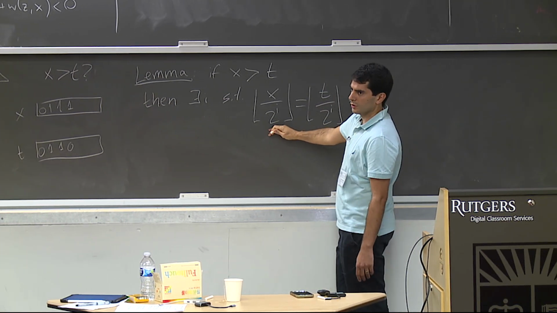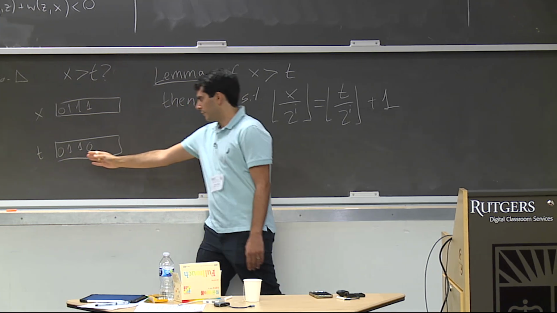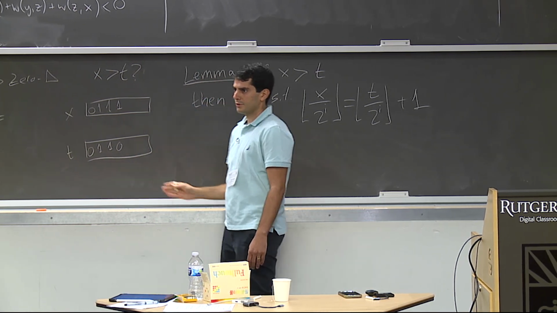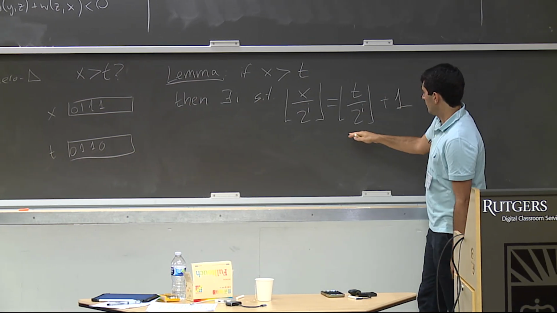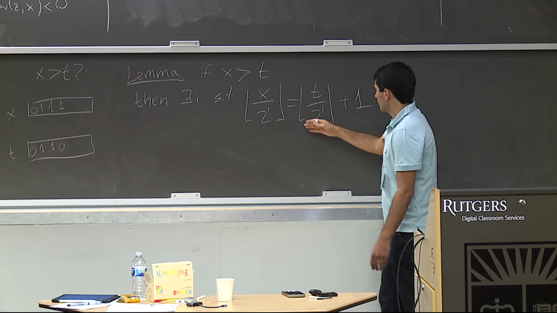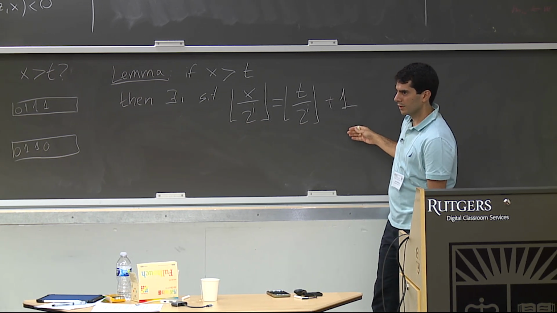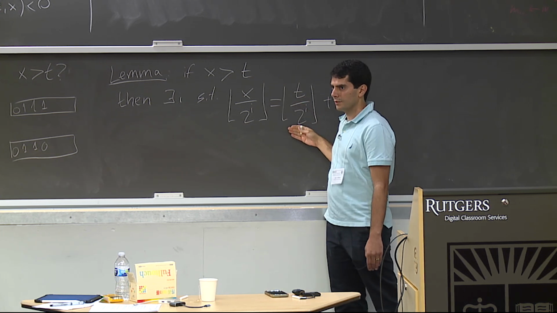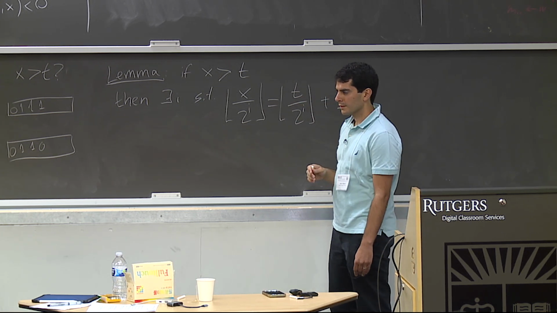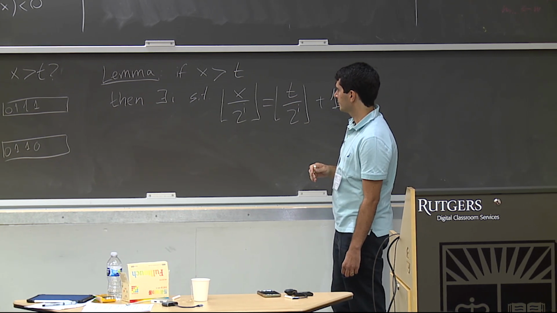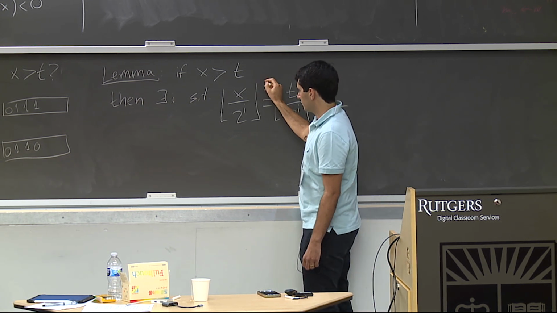So floor of x over 2 to the I is like looking at the first I bits of the bit representation. You look at the first I bits, and you see that they're equal to exactly this plus 1. So if it's greater, then there must be an I for which this happens. Actually, it's if and only if.